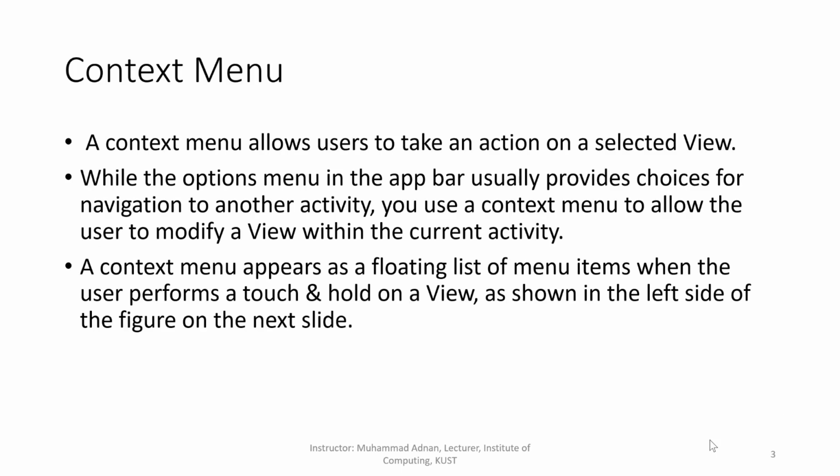So a context menu allows the user to take an action on a selected view. If you have a paragraph or an activity, you can long click on it and then a small menu or window will appear, and that is called a context menu. While the options menu in the app bar usually provides choices for navigation to other activities, you use a context menu to allow the user to modify a view within the current activity.